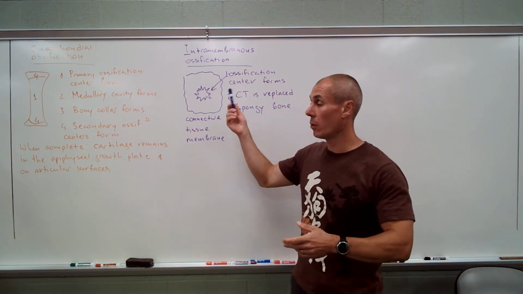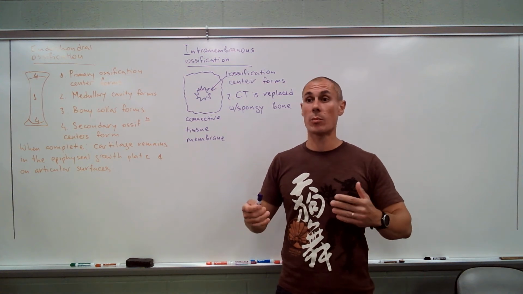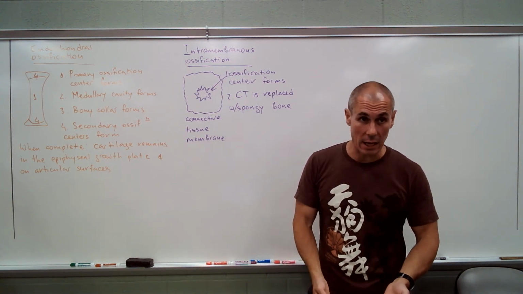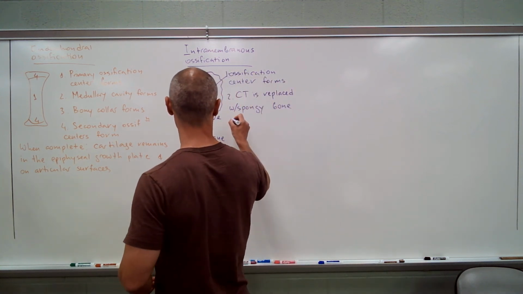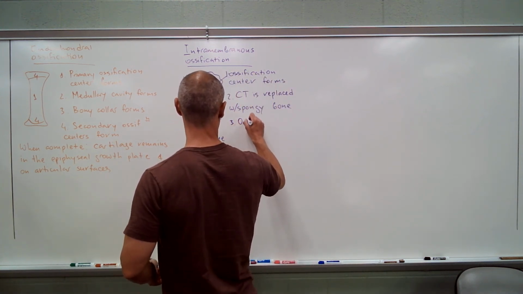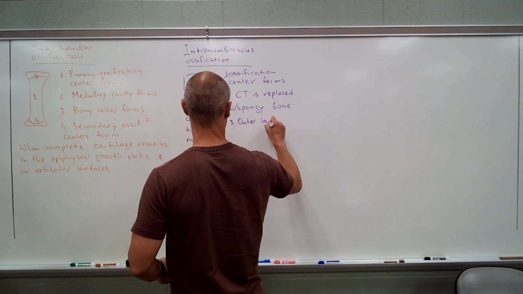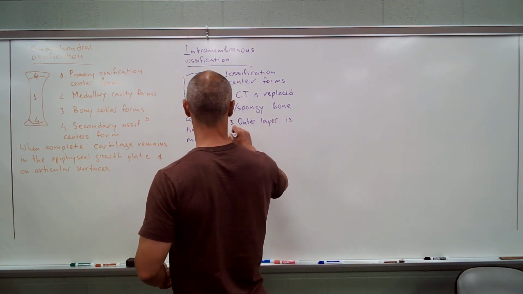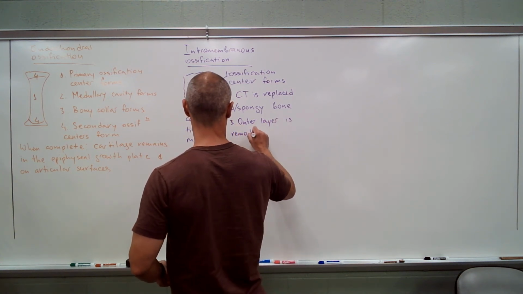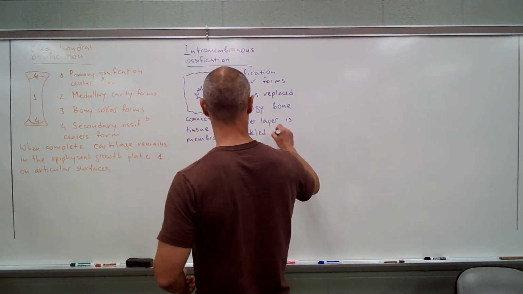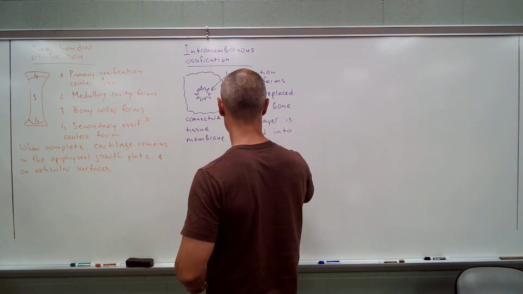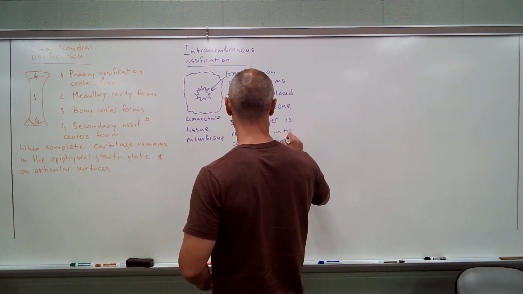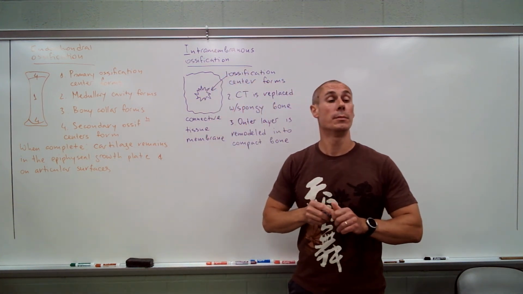It spreads through the connective tissue membrane, replacing the connective tissue with trabecular bone, spongy bone, and finally, the outer layer is remodeled into compact bone.